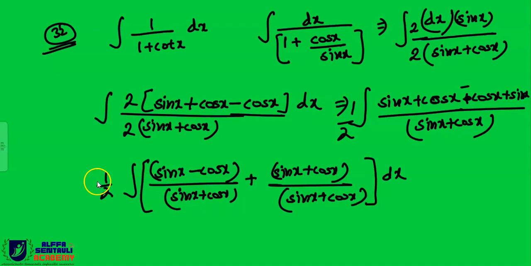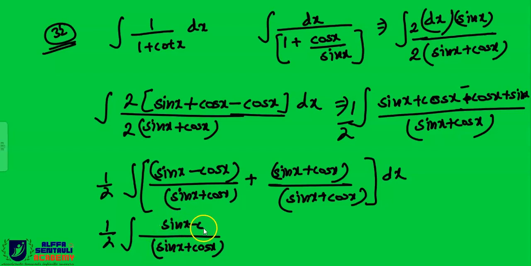Now this integration follows the distributive property. So this sin x plus cos x will be written as it is. This is sin x minus cos x, right beta? And this term will get cancelled out. You will get only 1, dx.